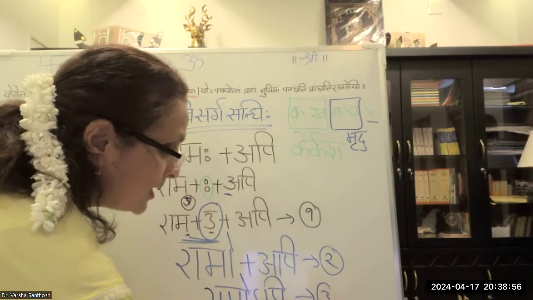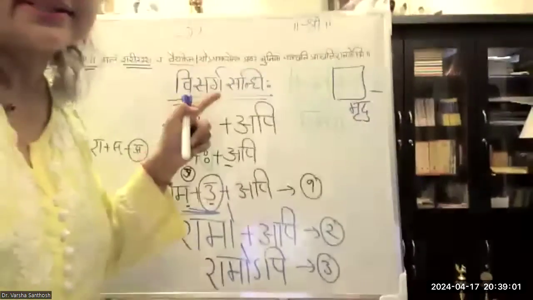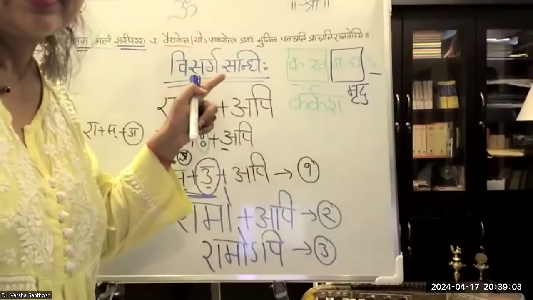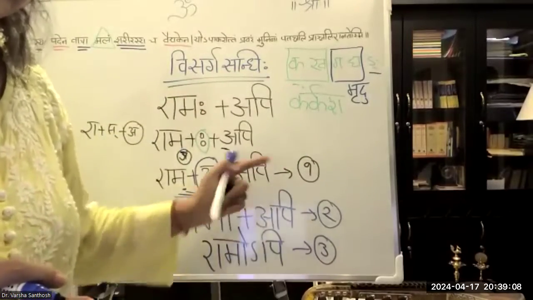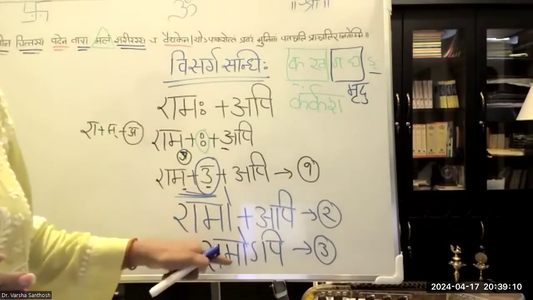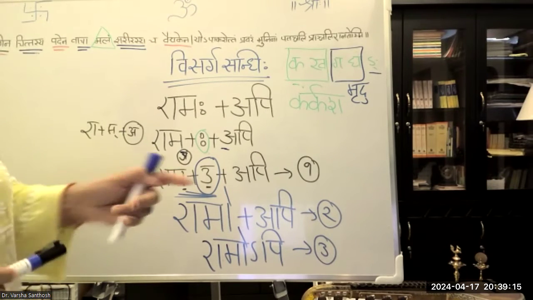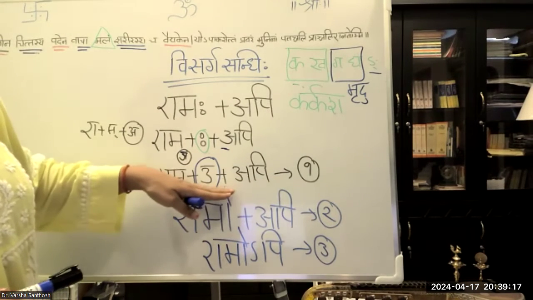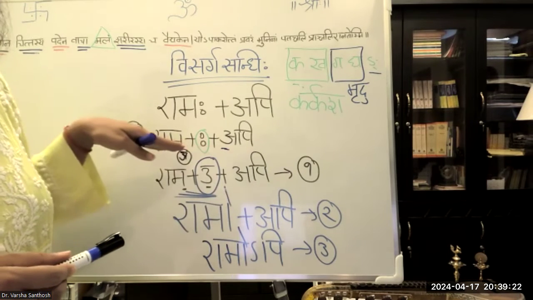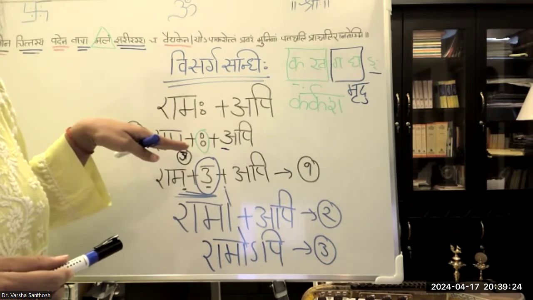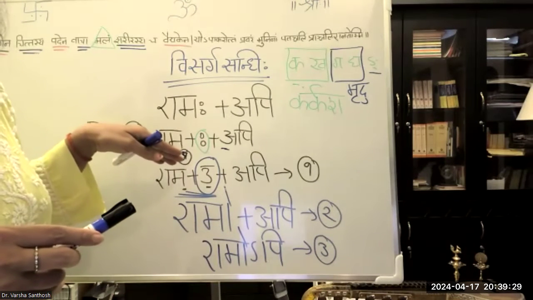Number 3. So in this Visarga Sandhi, where the Visarga becomes U, we are getting 3 Sandhis: Visarga Sandhi, Guna Sandhi, Purva Rupa Sandhi. And the final answer will be this. You will not see this stage anywhere in the book. Because our rule says that before Visarga there must be a Hrasva Akara.